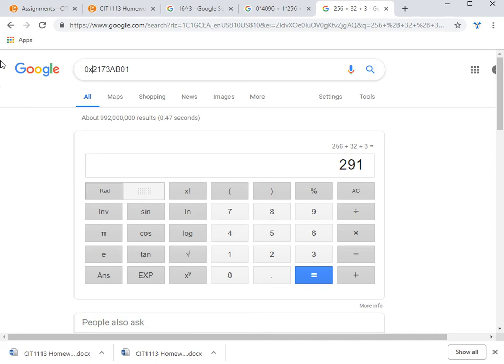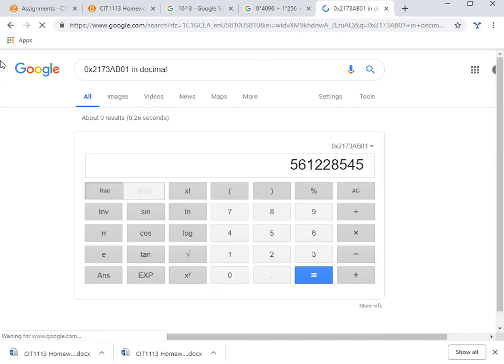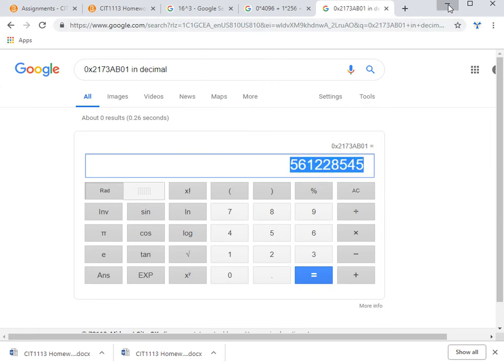If the number starts with 0x, that means it's a hexadecimal number. And that equals this number, 500 million. I'm just going to copy this and space it out.